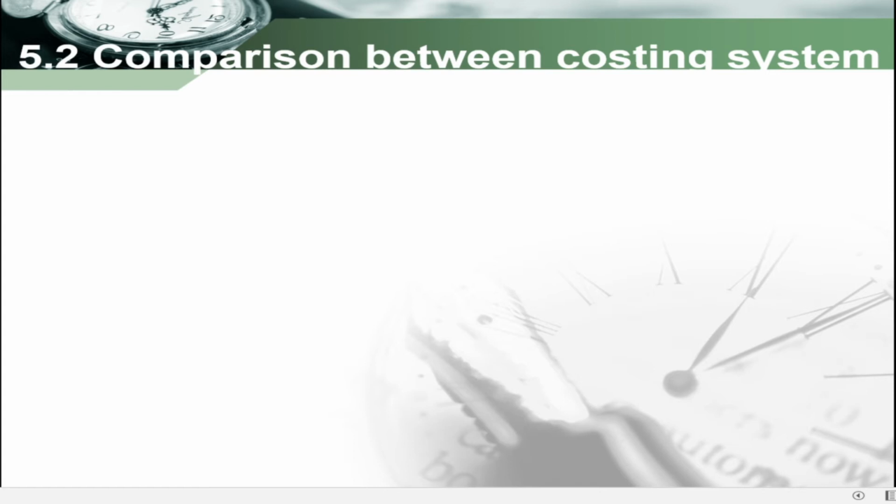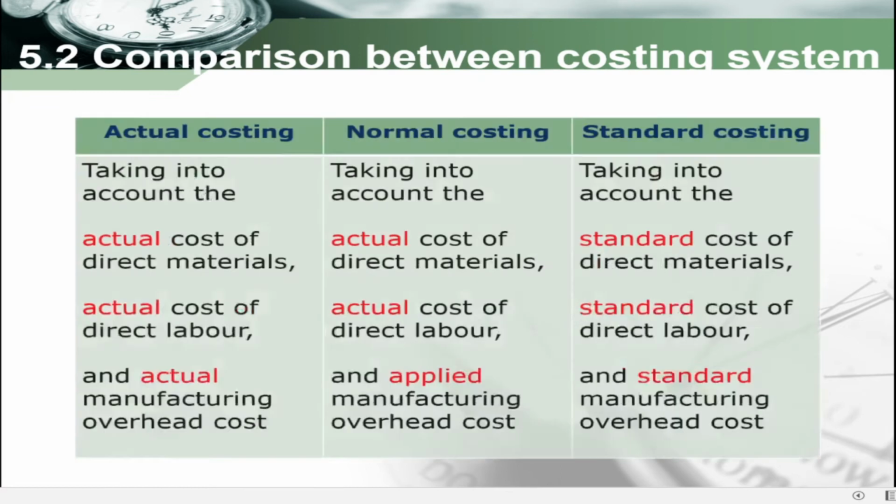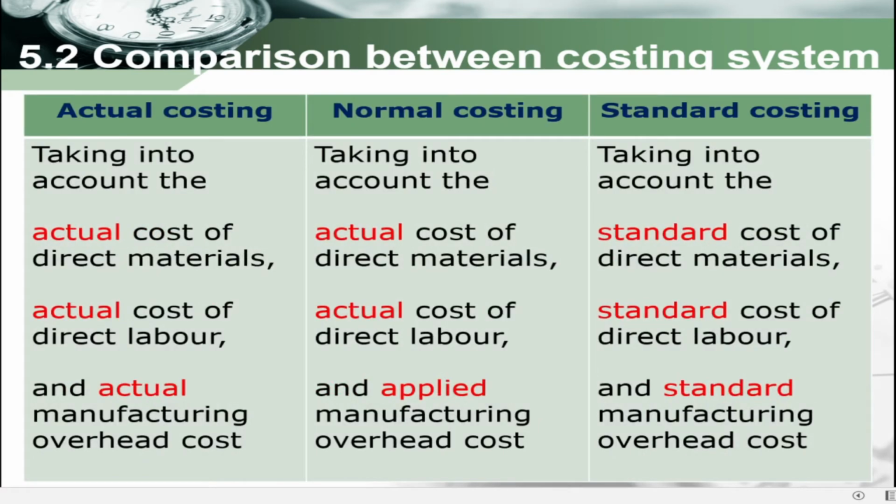5.2 Comparison between costing systems. For actual costing, we take into account the actual cost of direct material, the actual cost of direct labor, and then the actual cost for manufacturing overhead. For normal costing, we take into account the actual cost of direct material, the actual cost of direct labor, and then applied manufacturing overhead.